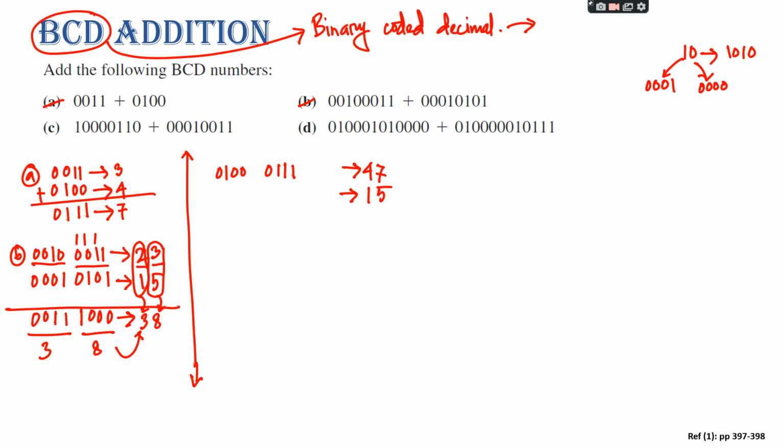Yes, sir. Again for 15, how can we write that? 0001 for 1, and 5 should be 0101, right? So now if you add them together, this should give you 62, right? Yes, sir.